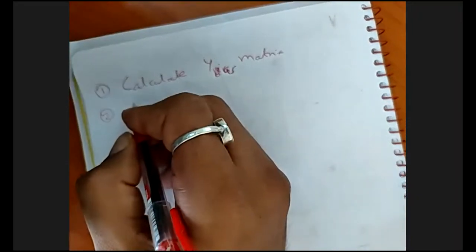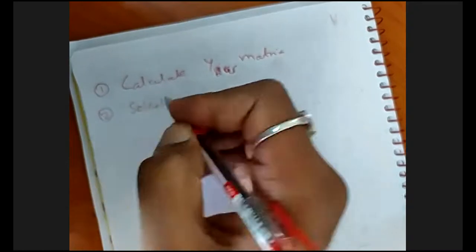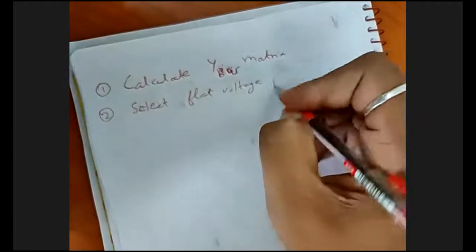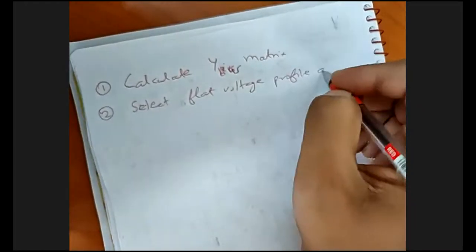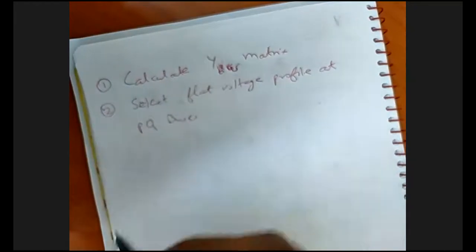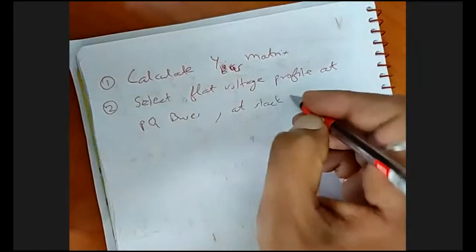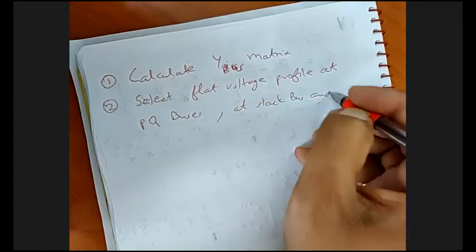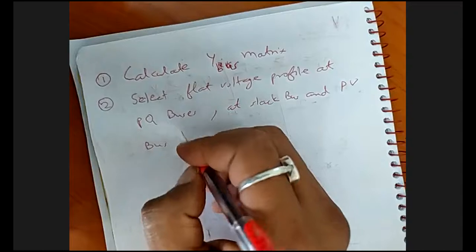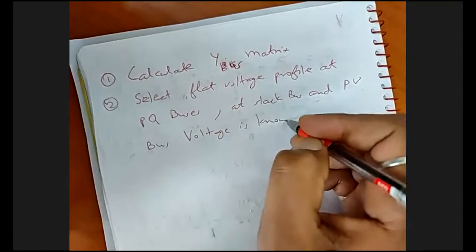Then select a flat voltage profile at PQ buses; at the slack bus and PV bus, voltage is known.